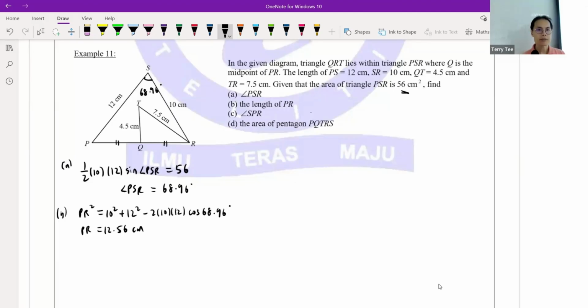Next, how about angle SPR? Your angle SPR here, we can use sine rule, right? So my sine rule, sine of SPR divided by opposite side 12 equals sine 68.96 divided by the opposite side PR, which is 12.56.